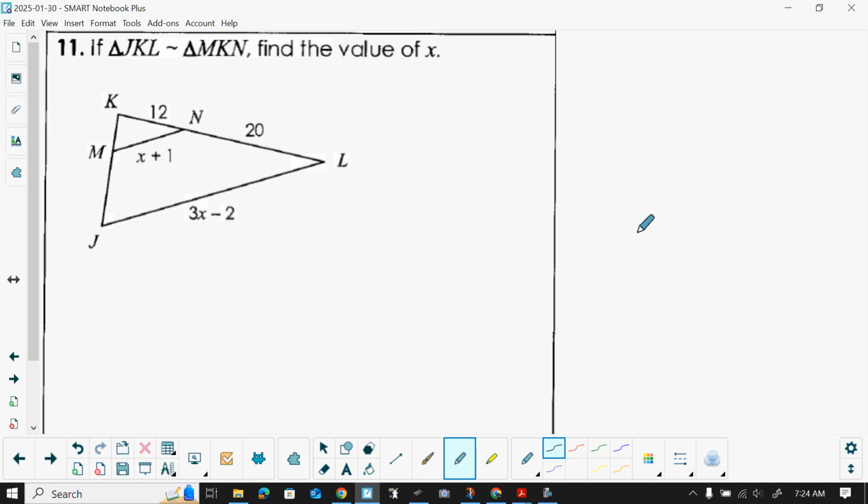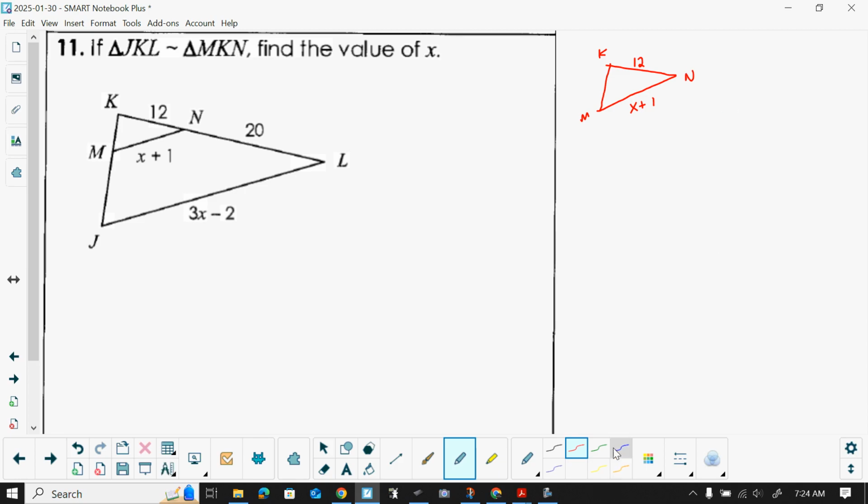All right, now this one, it might be helpful to split these two triangles separate. So this top triangle, KMN, I'm going to draw right here. I have a 12. I've got an x plus 1 for KMN.